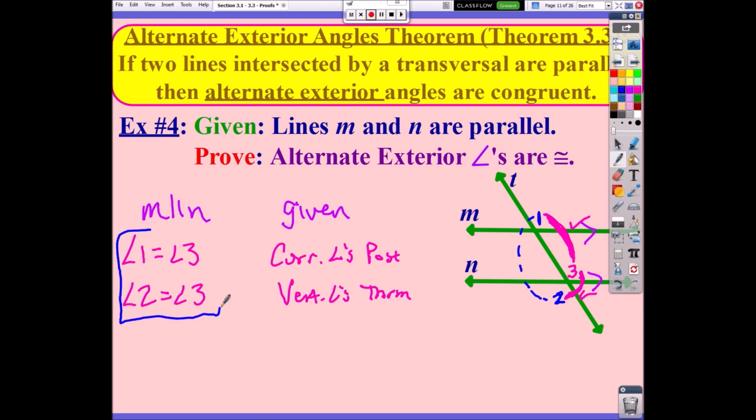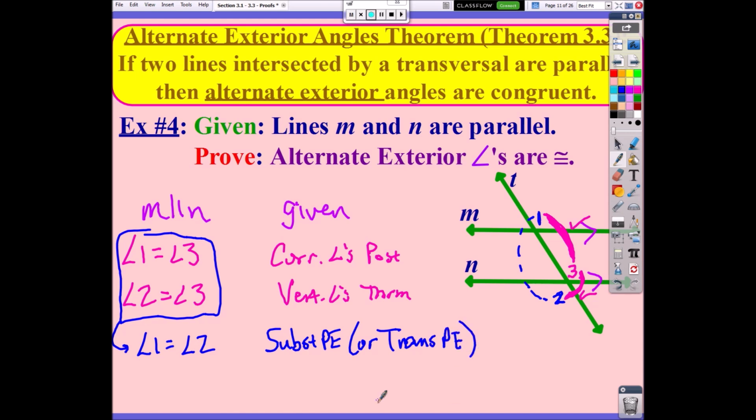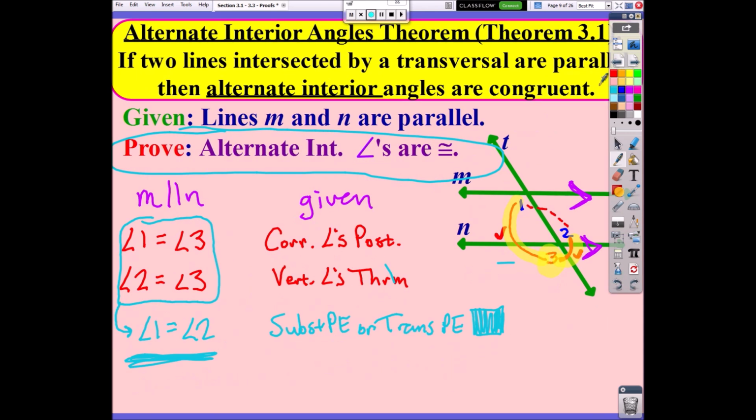So again, if angle 1 is equal to angle 3 and angle 2 is equal to angle 3, combining that together, angle 1 must be equal to angle 2. Through substitution, or if you really want to, go ahead and call it the transitive property because, quite frankly, it could be the transitive property. And we're done.